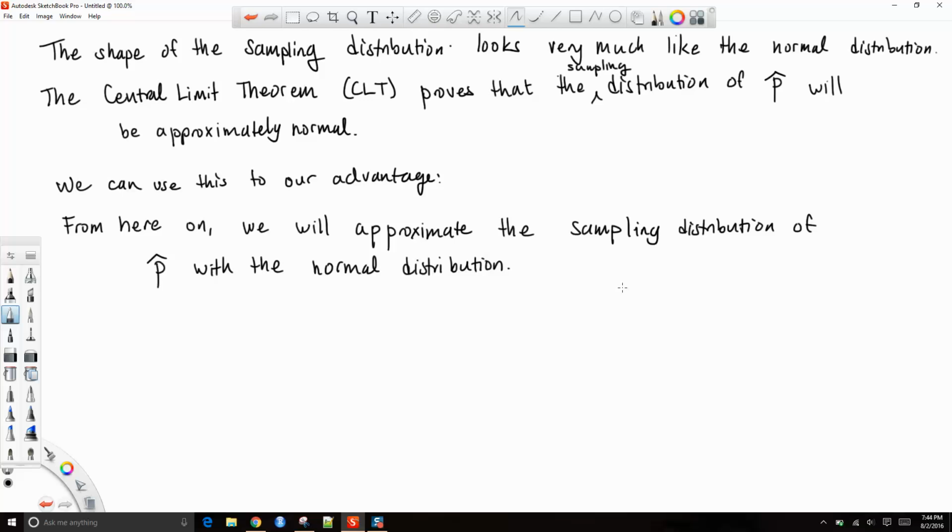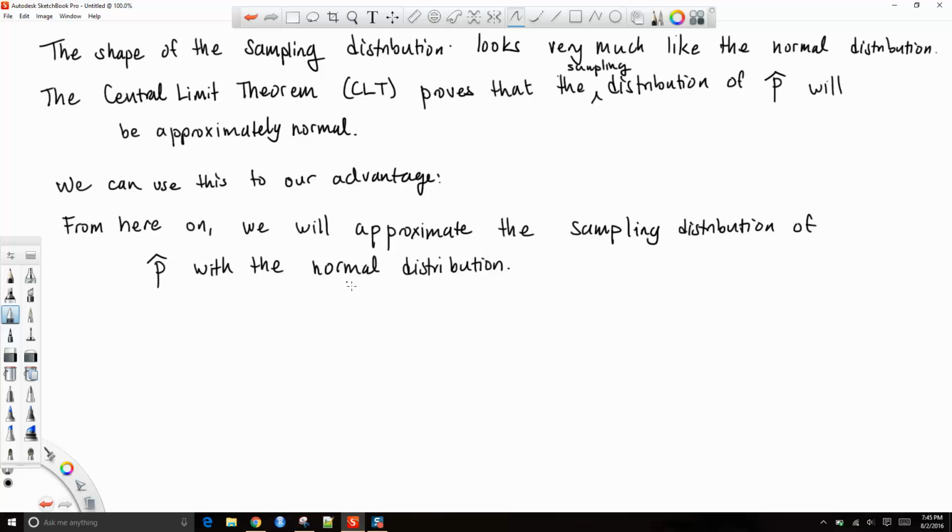Now, to answer any question about the normal distribution, you need two properties. What are those two things? If you need to find a z-score for something, you need to have what? The mean and the standard deviation, right?